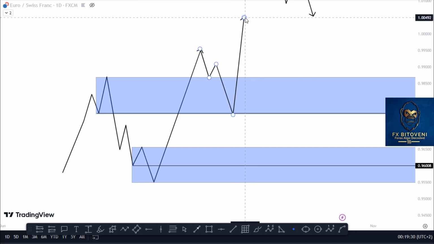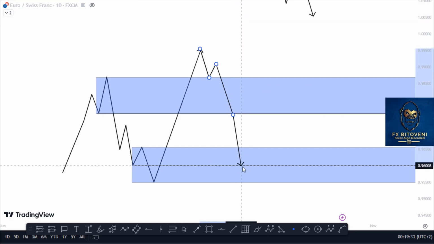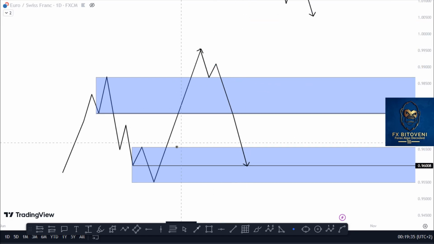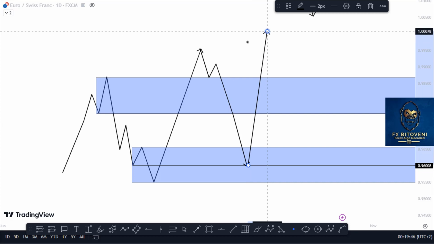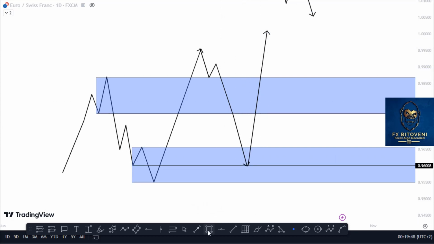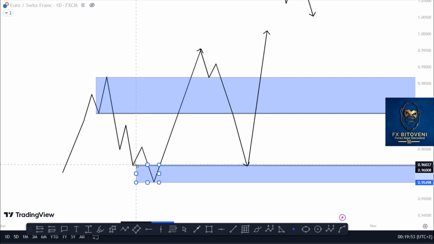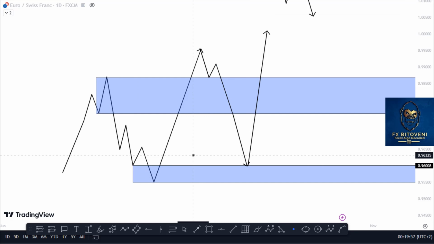Or if the market continues to go down, wait for a reaction in this level, and then you look for buy opportunities. You look for a buy opportunity in your invalidation zone, in your invalidation point, as you can see here. So you wait for a reaction.